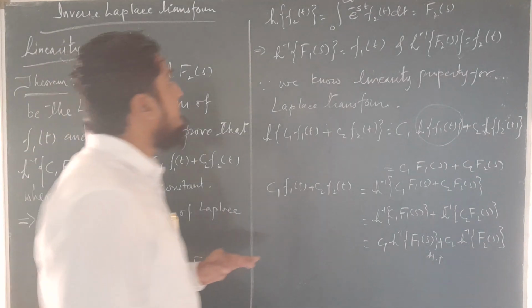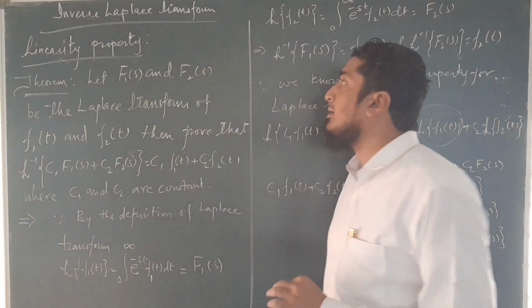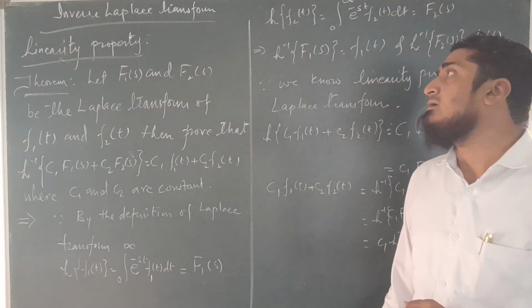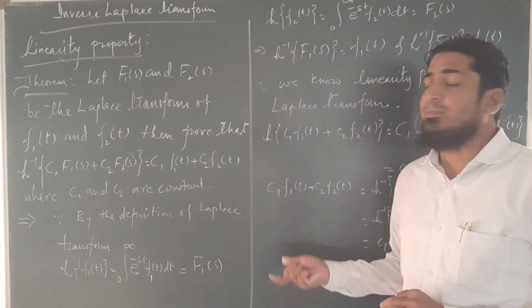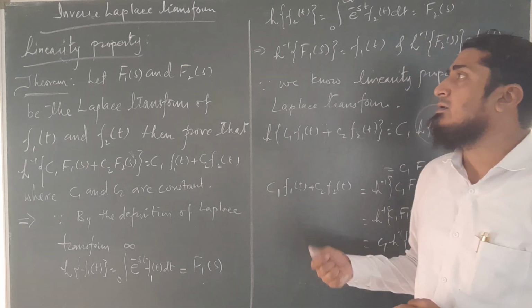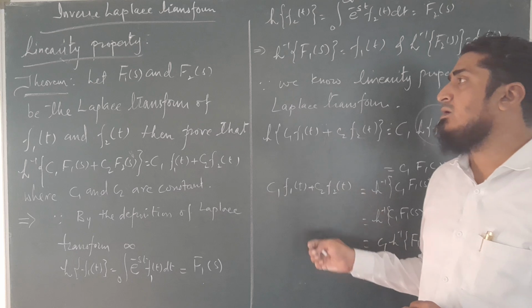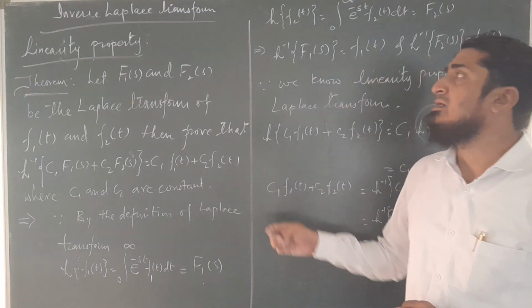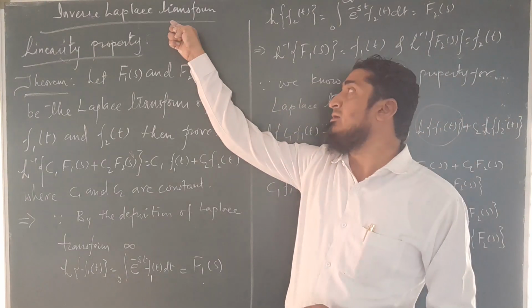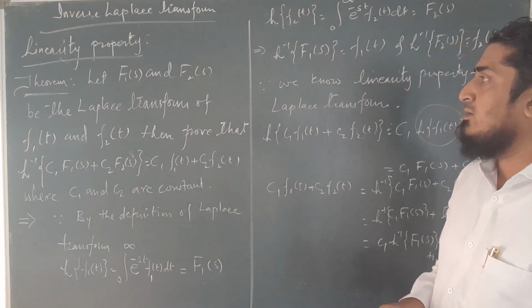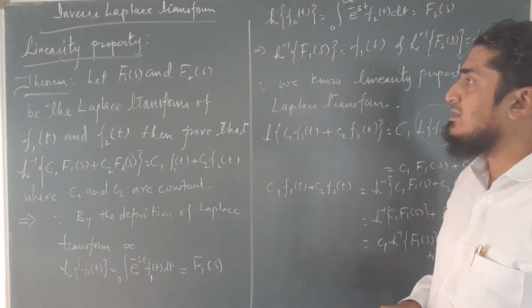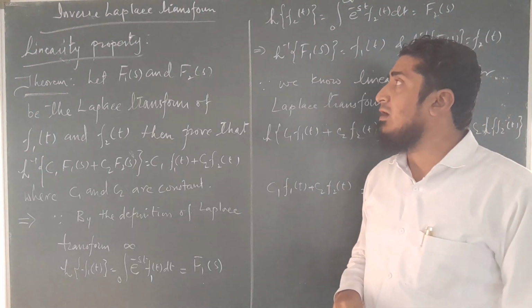What does it indicate? It indicates that the inverse Laplace transform operator works similarly to the Laplace transform operator. We saw in the previous lecture that the linearity property holds for the Laplace transform.